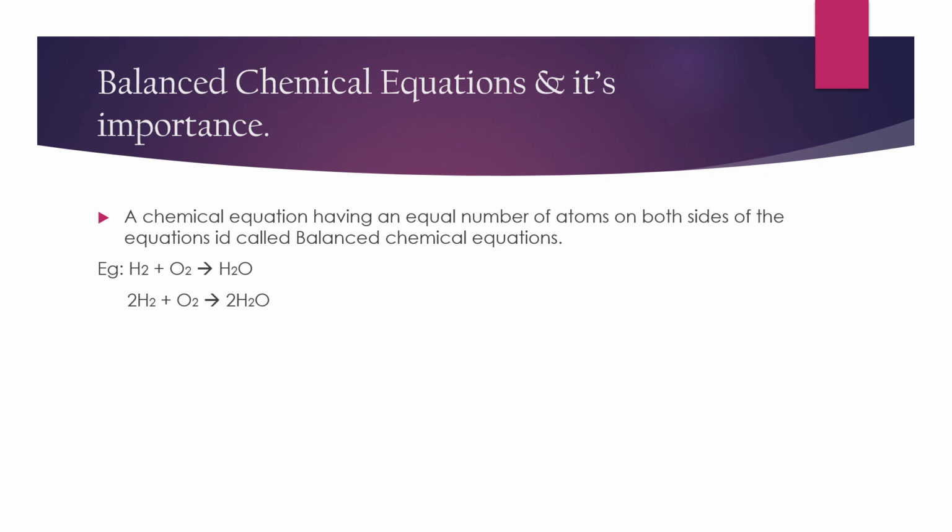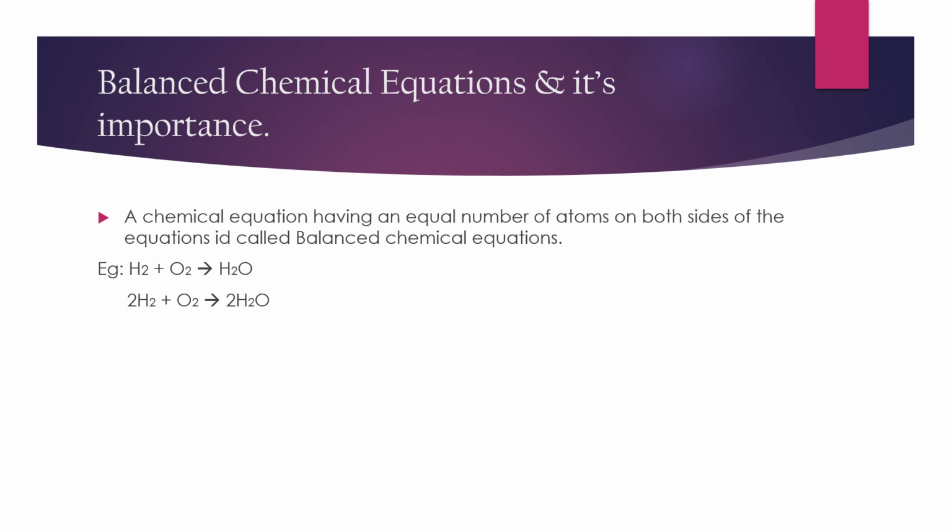Okay, the balanced chemical equation and its importance. In the third topic of this chapter, we look at balanced chemical equations. A chemical equation having an equal number of atoms on both sides of the equation is called a balanced chemical equation. Both sides of the equation refer to the reactants and the products, such as H2 plus O2 equals H2O.